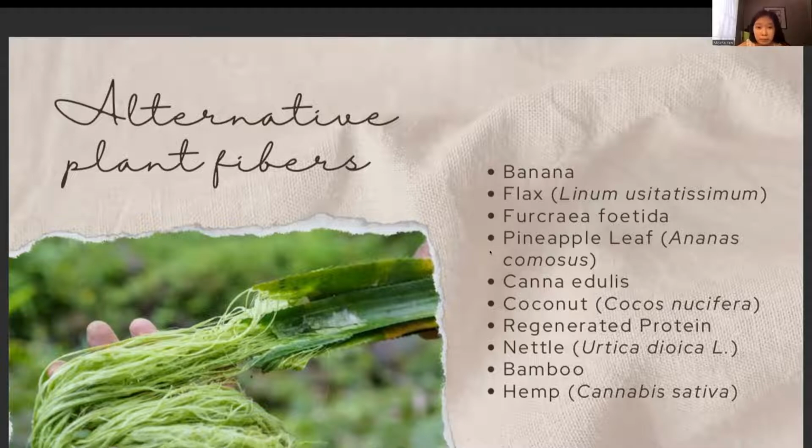Next is pineapple leaf. Farmers face a lot of disposal difficulties after harvesting these plant leaves. So if this agricultural waste can be used to produce fibers, we would potentially be reducing a lot of the resources that we use for textile production.